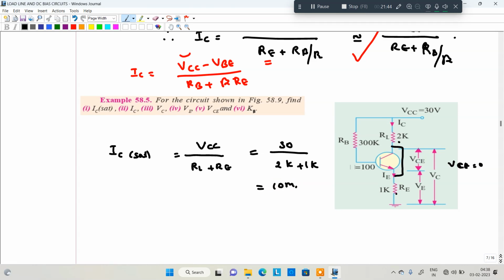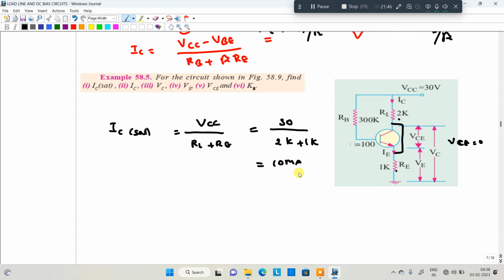All of you got my point? Next, I want the current IC. Just now I mentioned how to remember the formula, so how do we find the IC?